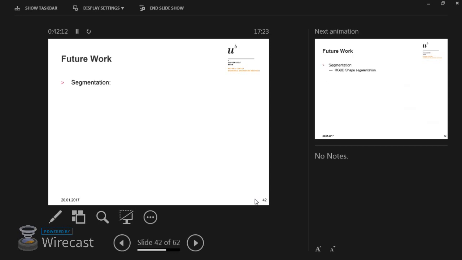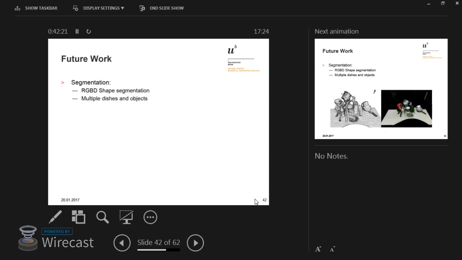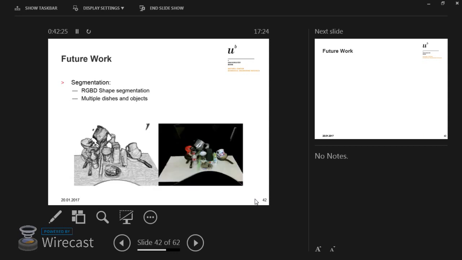Now, there are things in the segmentation. There is always work to do, especially with the advent of 3D and color cameras. There are, of course, multiple dishes, which I conveniently found an illustration for here, which is that we'd like to find the food in this mess. Of course, it's not going to happen anytime soon.